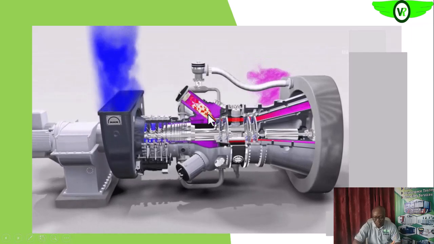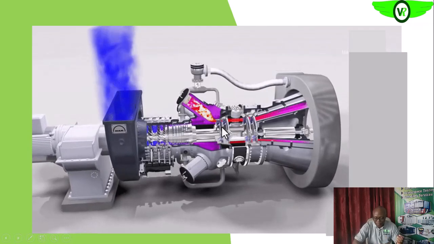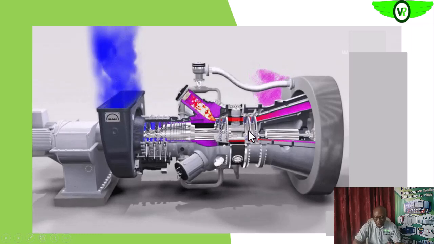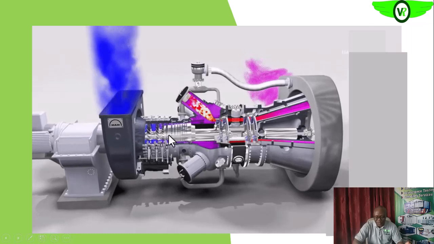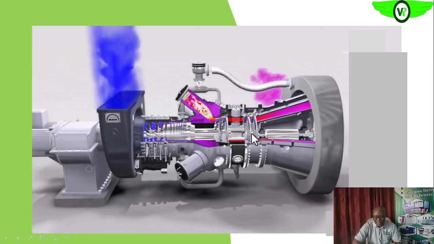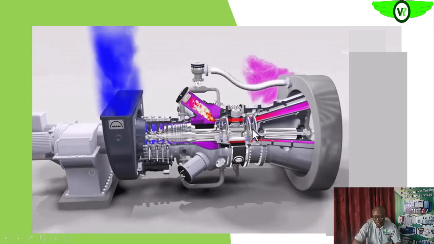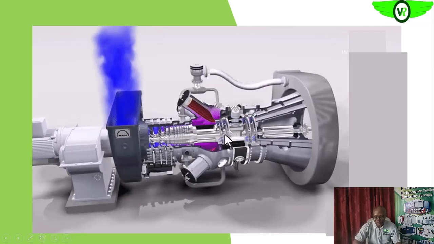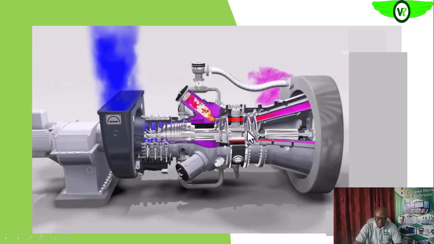The hot combustion product is directed into the turbine section. So you see, this part is not connected to this part. This part produces the energy needed to turn the compressor, while the power turbine produces the energy that your load needs, that will turn your load. So both of them are aerodynamically coupled, with no physical connection.